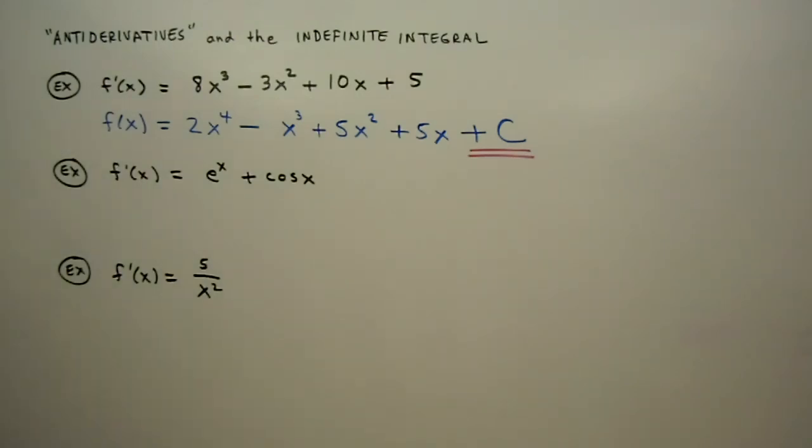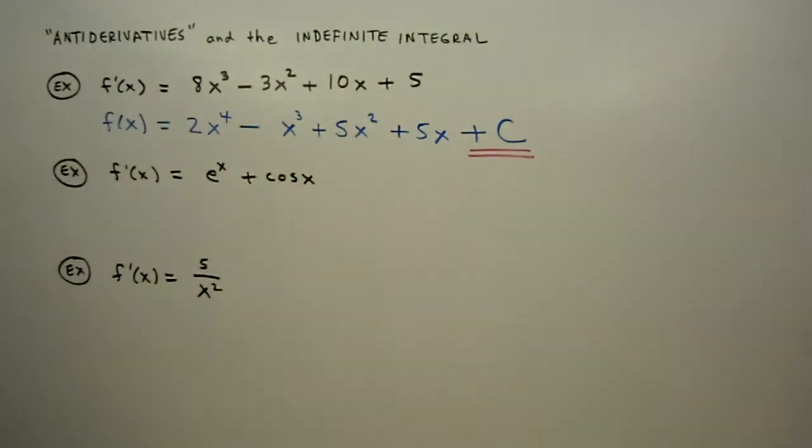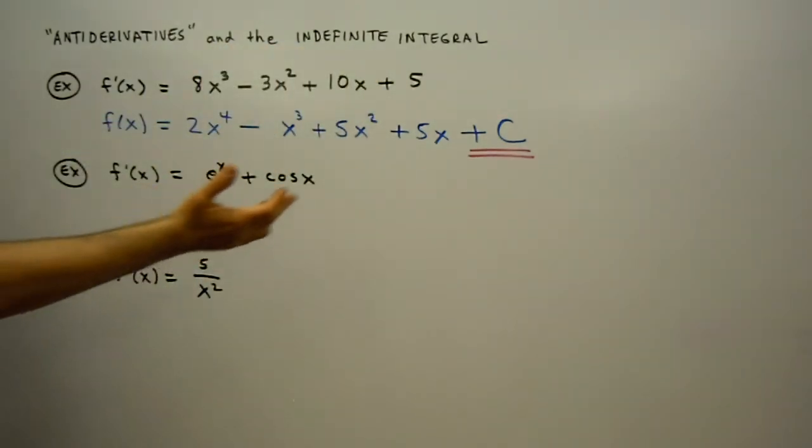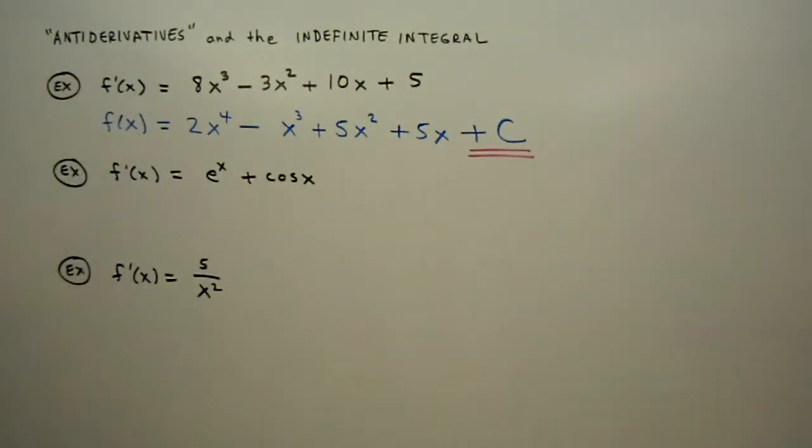Thus, hinting the idea of this concept of being indefinite, that there's actually an infinite number of functions that could have had that for a derivative, because there's an infinite number of possible constants that that original function could have had.